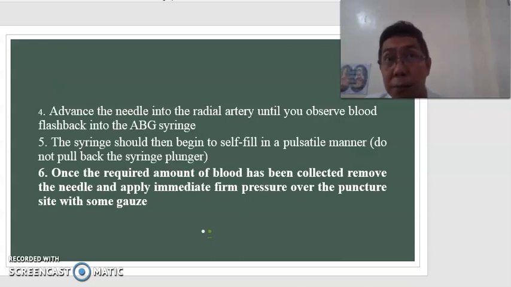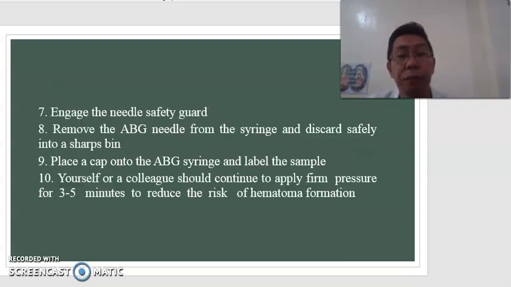Now, most of the time they use the syringe which automatically locks. The syringe will lock after the required amount of blood has been extracted. So then we engage the needle safety guard. Normally we do not recap.